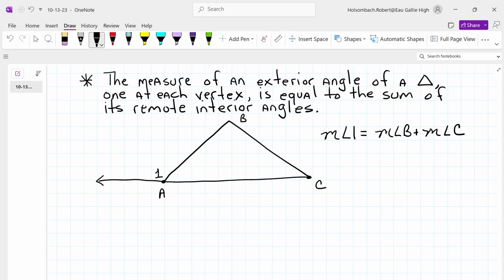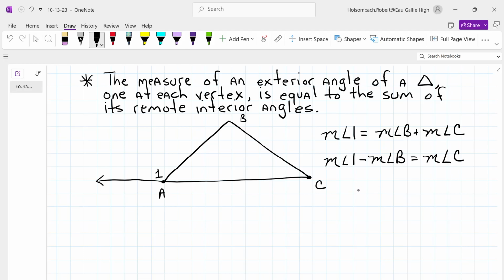And there's a couple of other ways that we can write this and use this. We can say that the measure of angle 1 minus the measure of angle B is equal to the measure of angle C. Everybody see that? If you know this exterior angle and you subtract one of the interior angles, it gives you the other interior angle.